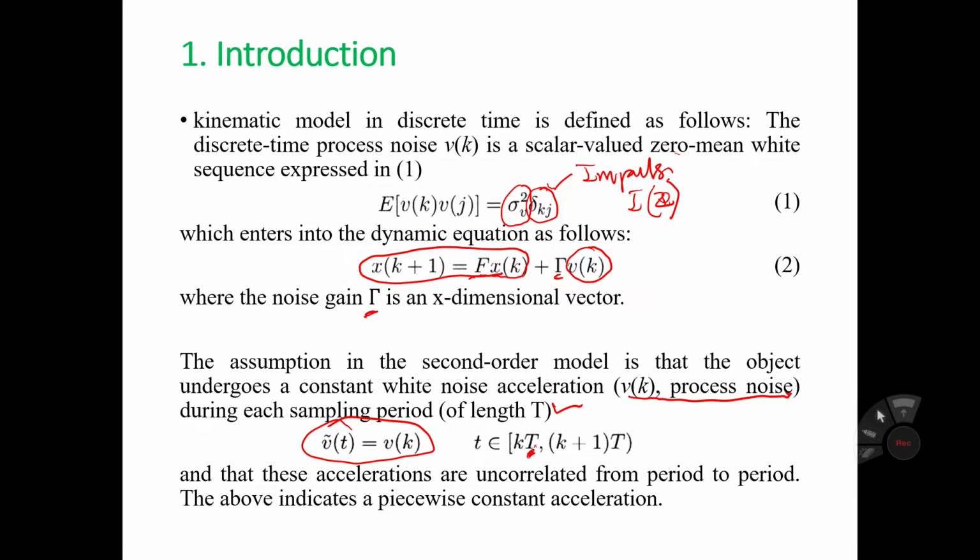For example, if T equals 1, then the scans have a sampling difference of 1 second.